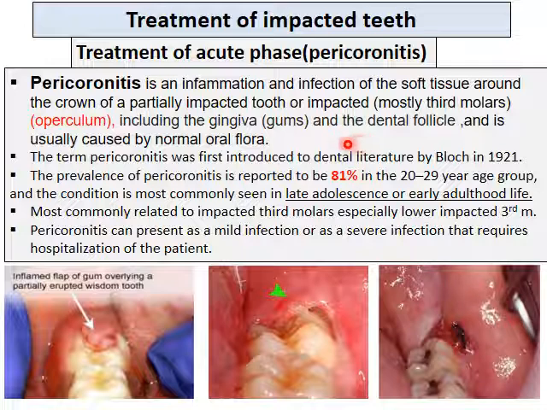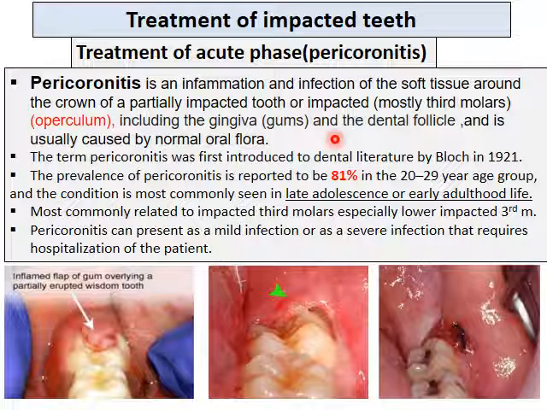This soft tissue around the tooth is called the operculum. An inflammation and swelling of this tissue, most commonly associated with this impaction, is called pericoronitis, including the gingiva and the dental follicle surrounding that impacted tooth, and usually caused by normal oral flora microorganisms.